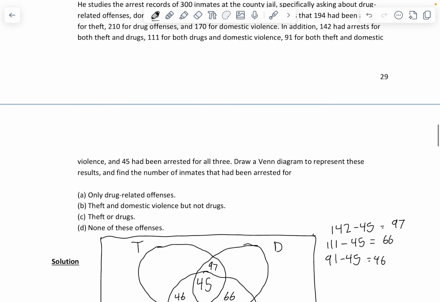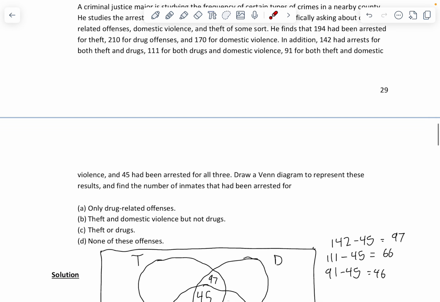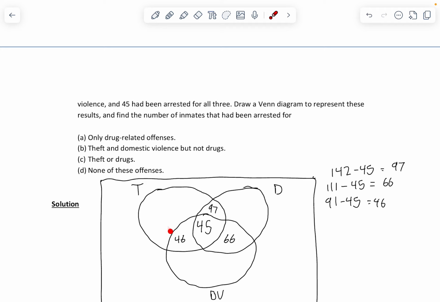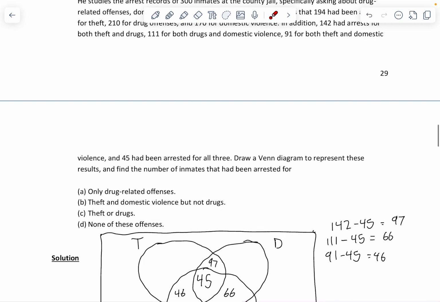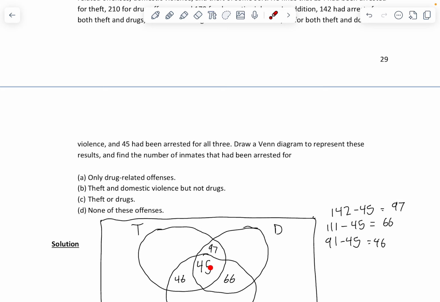Okay, so now we should go back to the top, and we can fill in what's left based off of these numbers. 194 had been arrested for theft. So that means all the regions inside the circle labeled T have to add up to 194. So I can take 194 minus the sum of these three regions to figure out what's left.